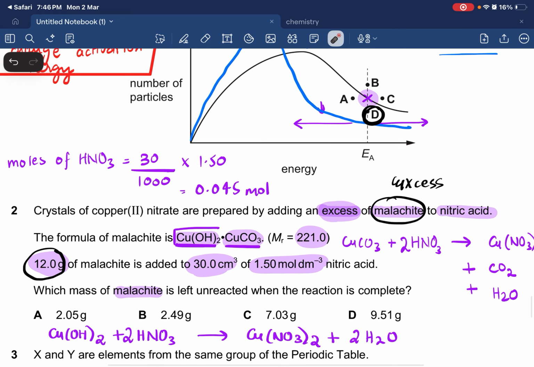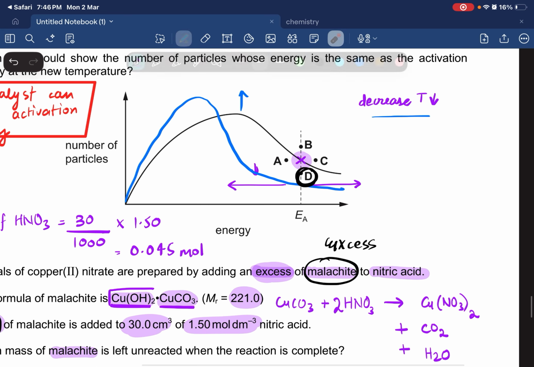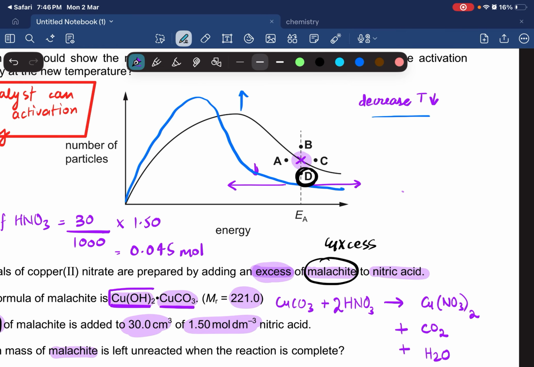So I know that my malachite, which is copper hydroxide and copper carbonate, to HNO3 ratio is 1:4.